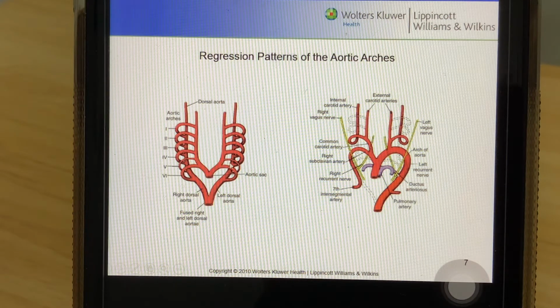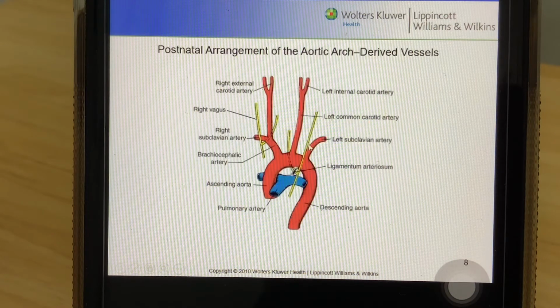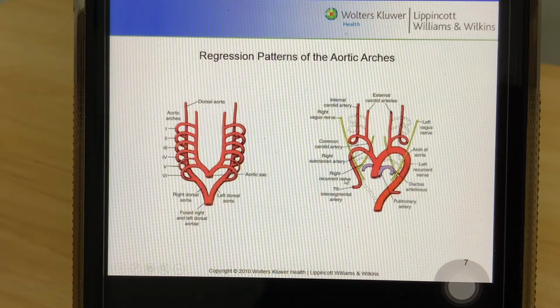Major vessels are formed by the third arch. Anyway, it will be summarized later. We move forward for now.